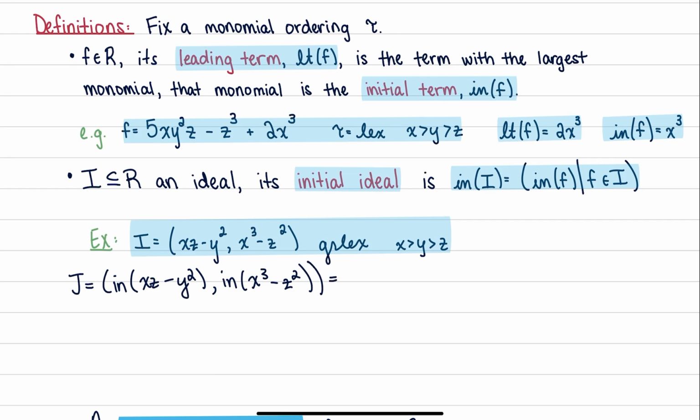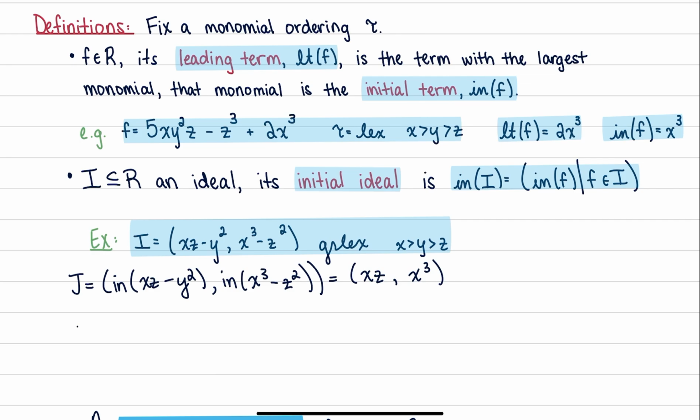Well, the first generator, both terms have the same degree. So I look for the one that has the most x's in it, and that is xz. And then I'm going to look at the second generator, which is not homogeneous. So all I have to do is look at the degrees and say x cubed has larger degree. That is my initial term there. Okay, we're considering this guy.